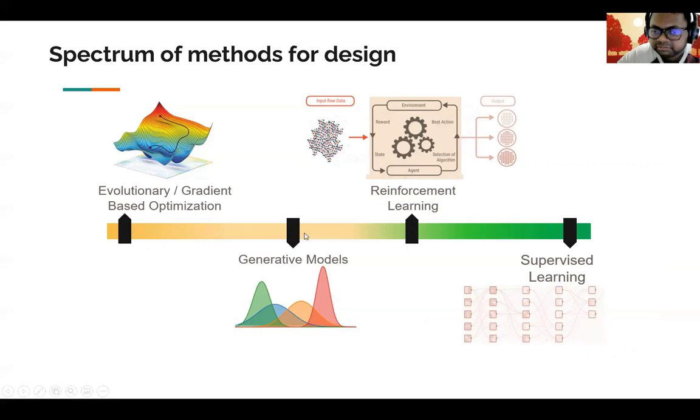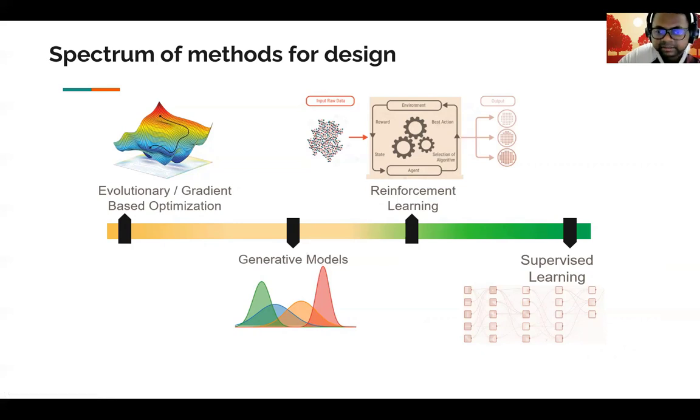Now, generative models are one particular point in the spectrum where we don't need to spend as much computational effort as in evolutionary optimization, but at the same time, you don't need as much data as you would need in a reinforcement learning model. So that is where we place these generative design frameworks.